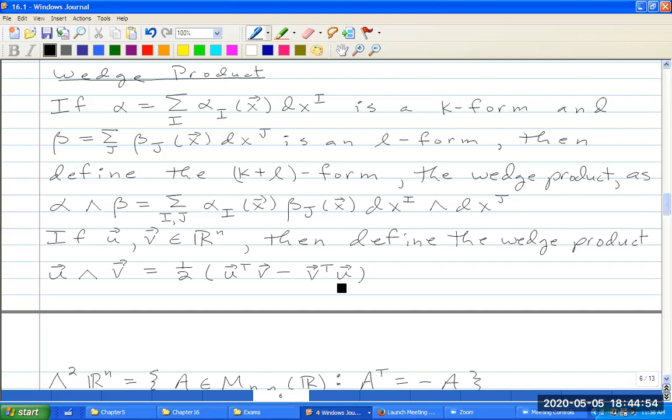So it's the difference of these two exterior products. If we remember back to the first week of class, we looked at the inner product, and associated with that, there was an outer product. So this involves the outer product.